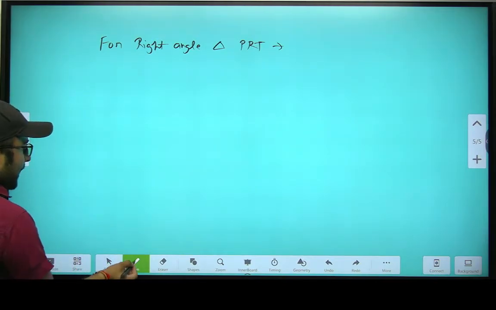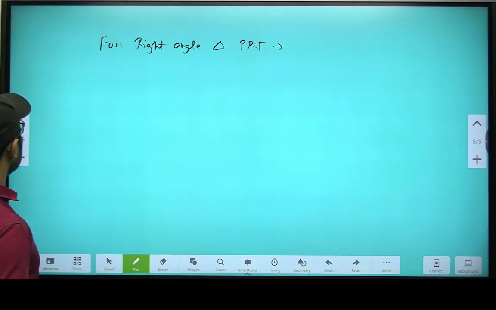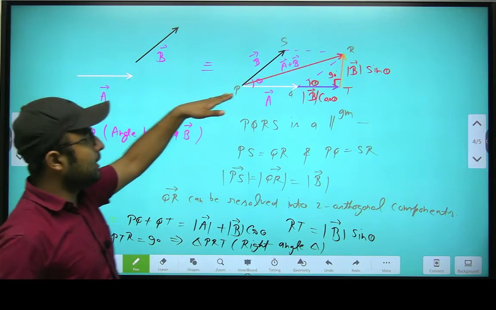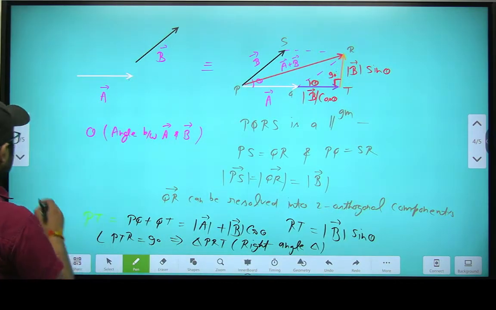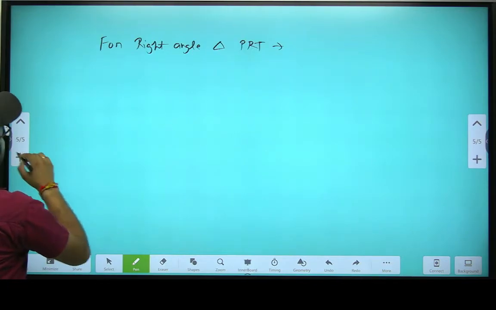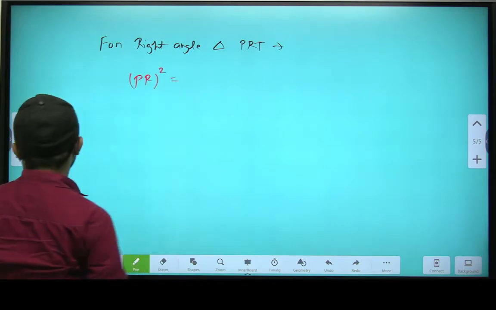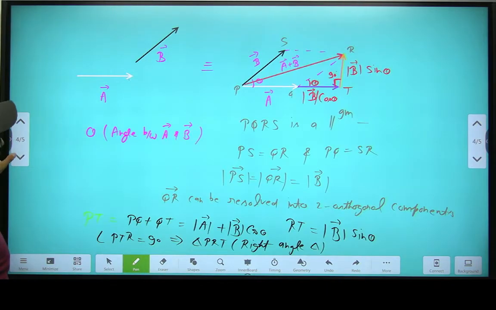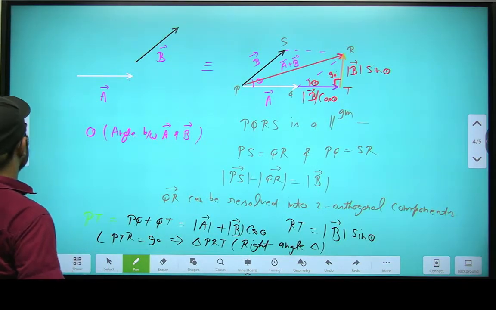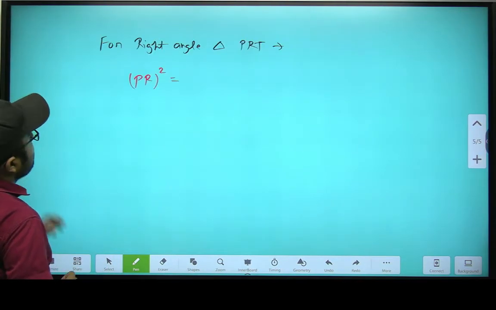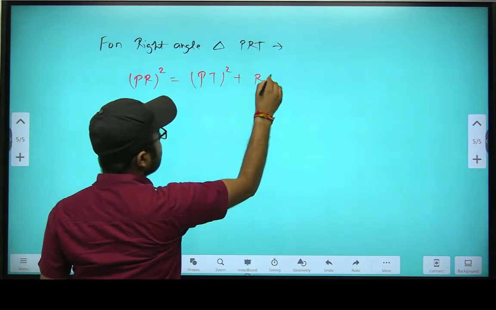So according to Pythagoras theorem, we can write that the hypotenuse square PR square can be written as PT square plus RT square.